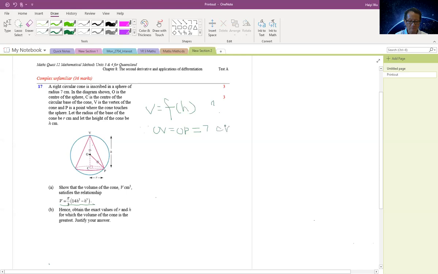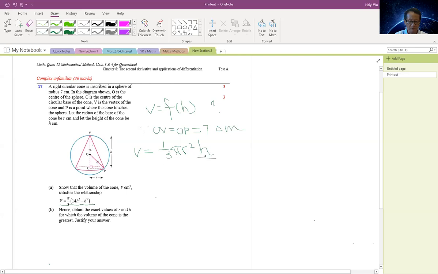Now we will try to work out the volume. First of all, let's look at the volume formula. The volume of the cone is 1/3 of pi r squared times the height.